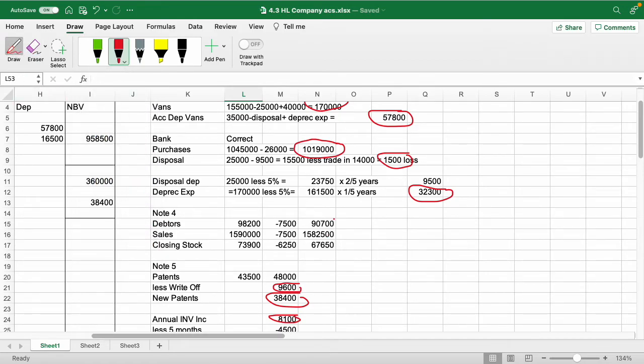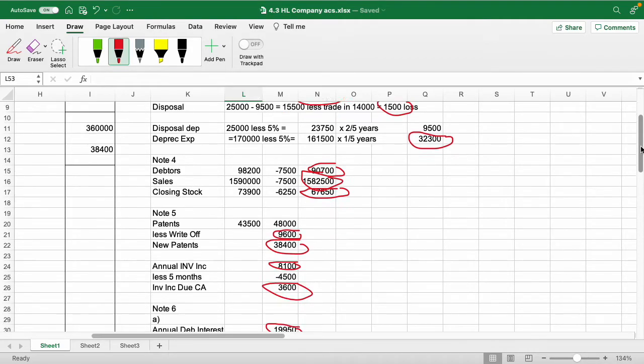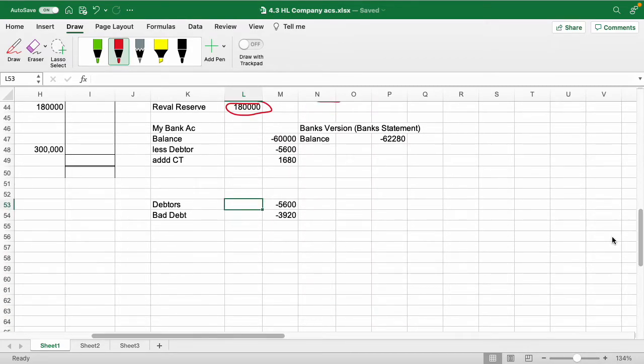So I would have dealt with that. Sales and closing stock. Okay, so debtors is 9,700. Take that away, so you'll get, so there's my new debtors figure.